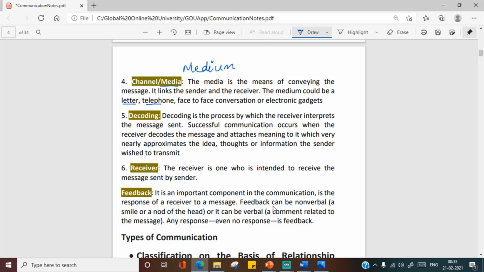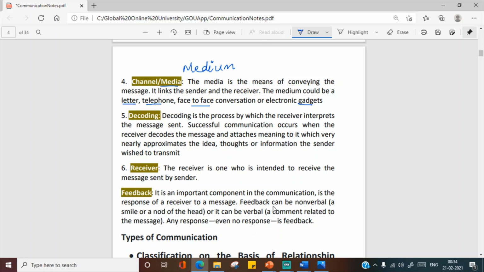Normally, when you are talking to your friends or family members or your teacher in the classroom, it is a face to face conversation. On electronic gadgets, these days you can talk over the phone, or you can Skype on the laptop or computers. So, electronic gadgets are different types of channel, you can call them media.